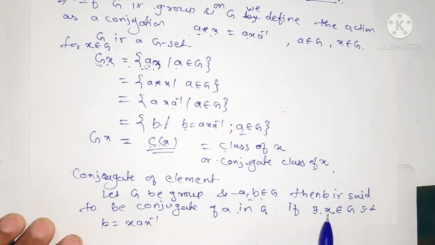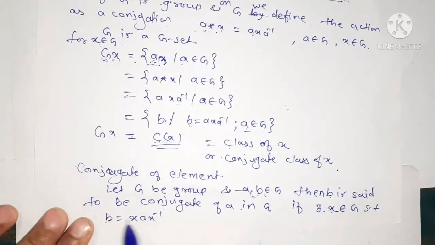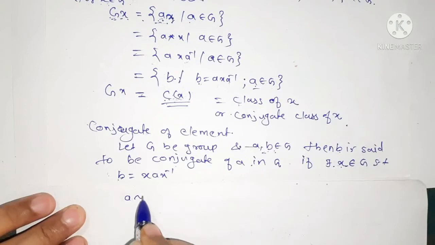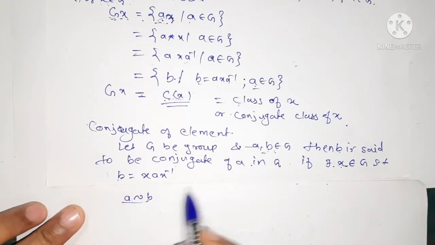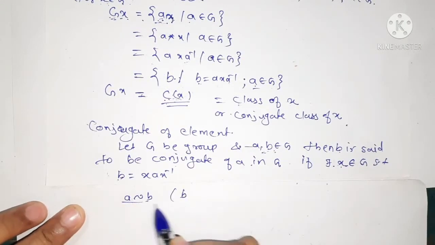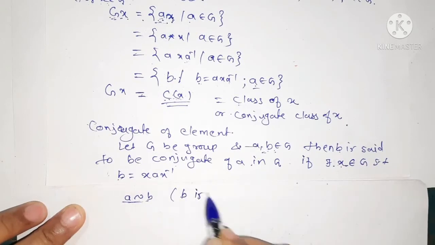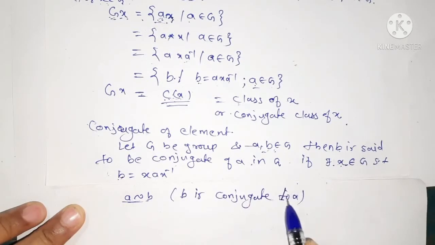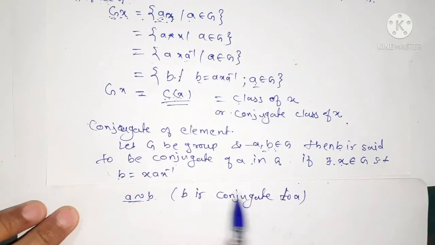We write this conjugation in notation form as A is conjugate to B, or A is equivalent to B, where the meaning is that B is conjugate to A.